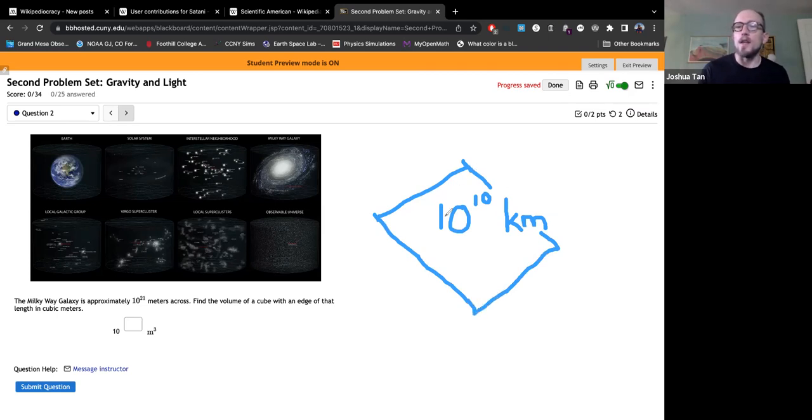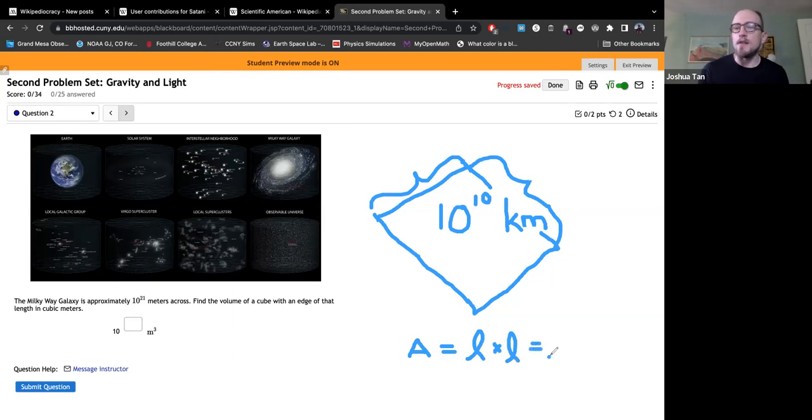Right, so I've got one length that's the size of 10 to the positive 10, and another length that's the size of 10 to the positive 10. Now, if you remember what the formula for area is, it's length times width. In this case, our length and our width are the same. If we called them L, it would be L times L, which is the same thing as L squared.